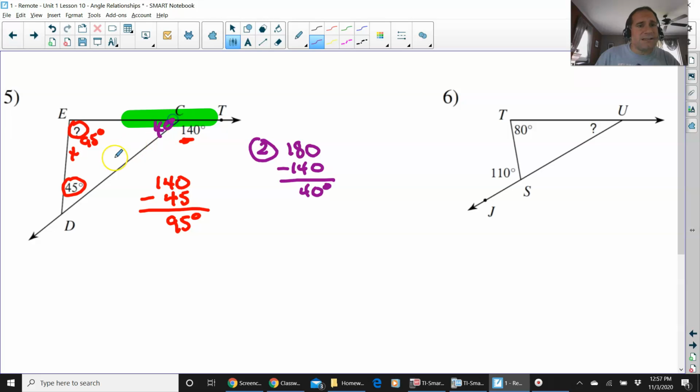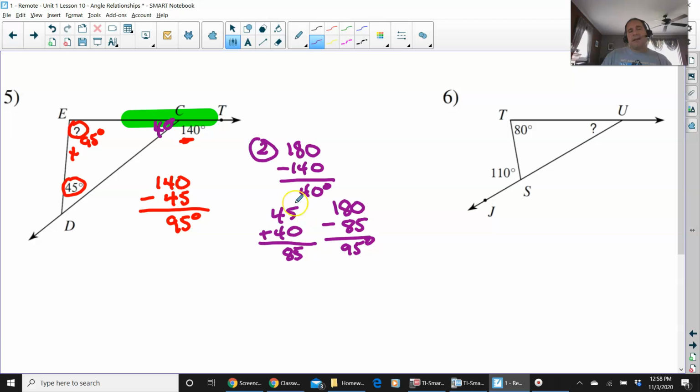Then you have two interior angles that you could add together, 45 plus 40, and that would be 85. And then you would take 180, because you're inside the triangle, 180 minus 85, and you'd get 95 degrees. And those three steps would give you the answer.